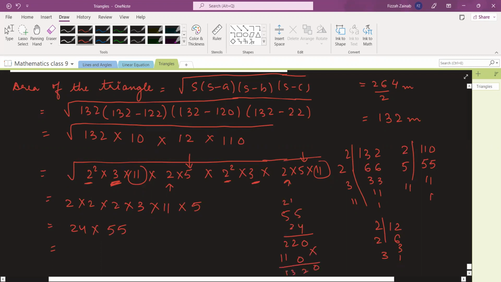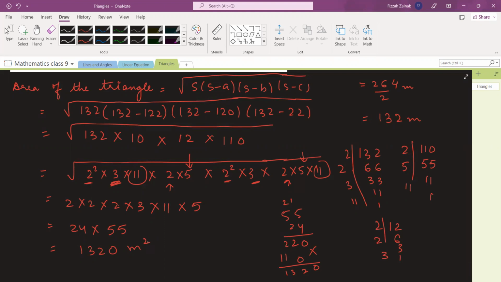I'm getting 1320 meter square because it's area. Right?